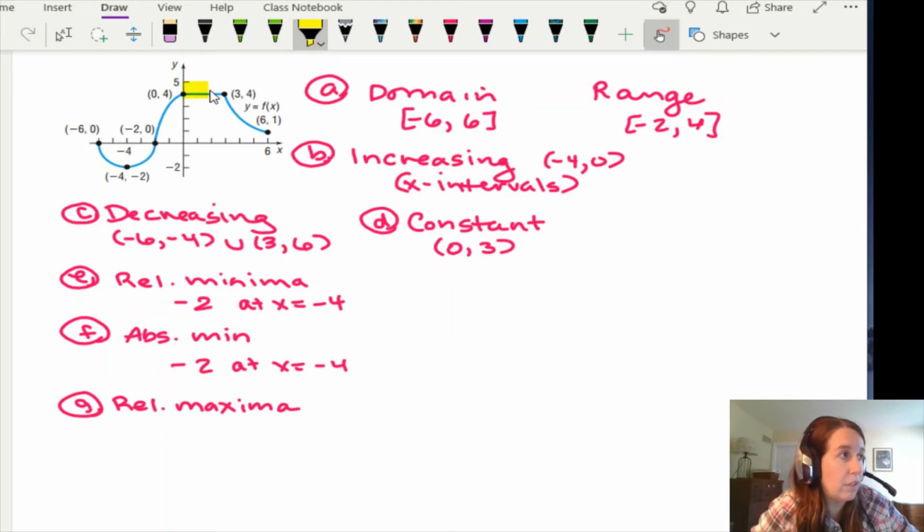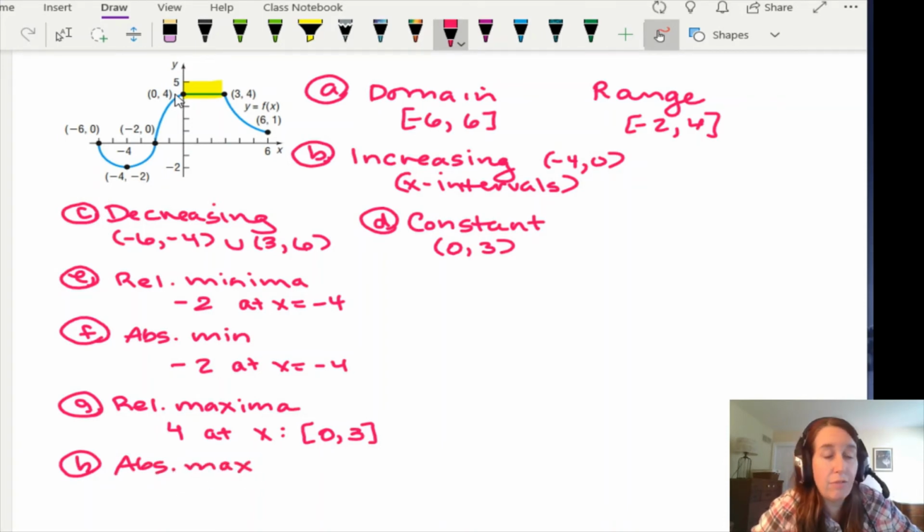So here, yes, it's like a plateau, but all of that would count as the maximum value. So the maximum value is this high value here of 4. Okay? And that occurs at x from 0 over to 3, all those x values. And then finally, our absolute max is the same because that is the very highest point on the graph. 4 is the maximum value the graph ever gets, and that is at the bracket 0 to 3.